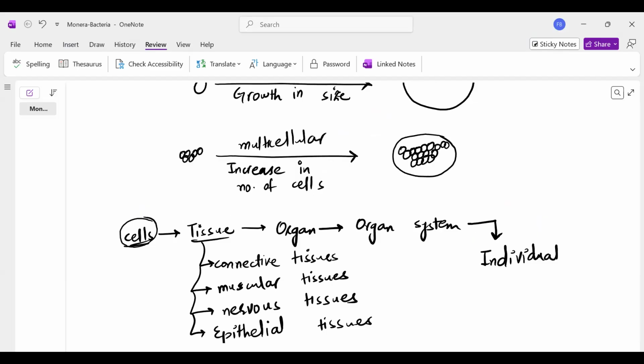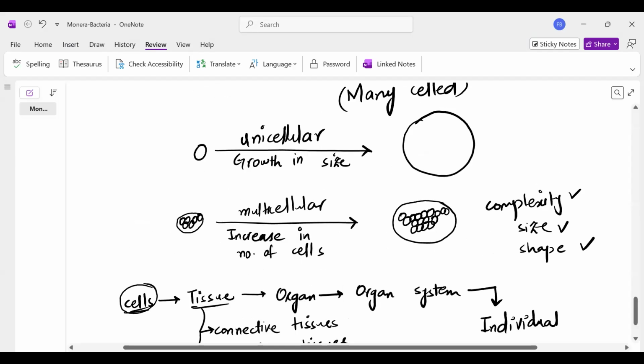If you see, the size is small, right? But over here the size is increased. So there is complexity, there is a change in shape, and the size will increase. Complexity will increase with time, size will increase, the shape will change. Okay, these all will happen in the multicellular organisms.